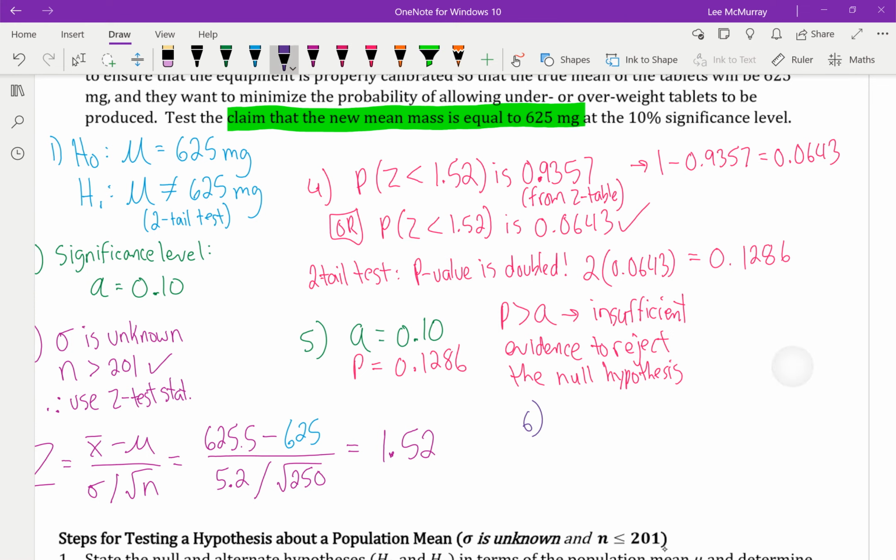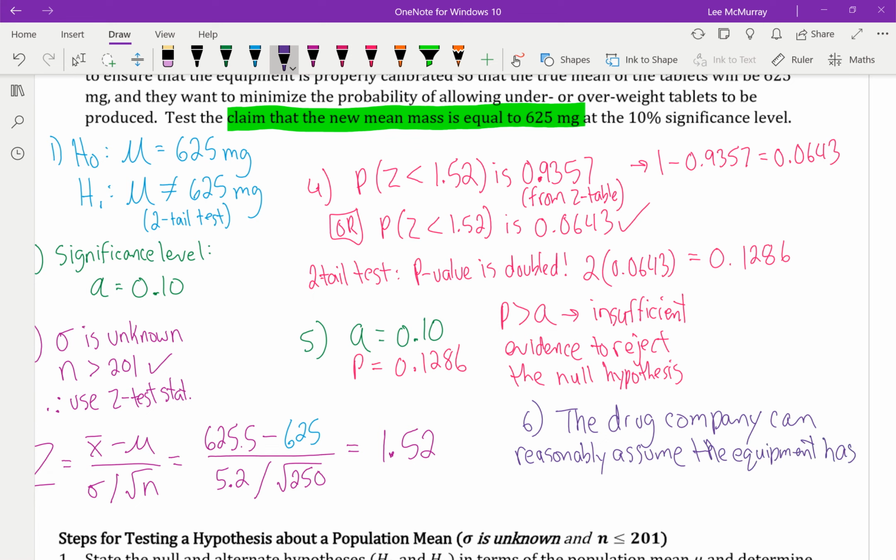What we say instead is, for this claim, the drug company can reasonably assume the equipment has been properly calibrated.